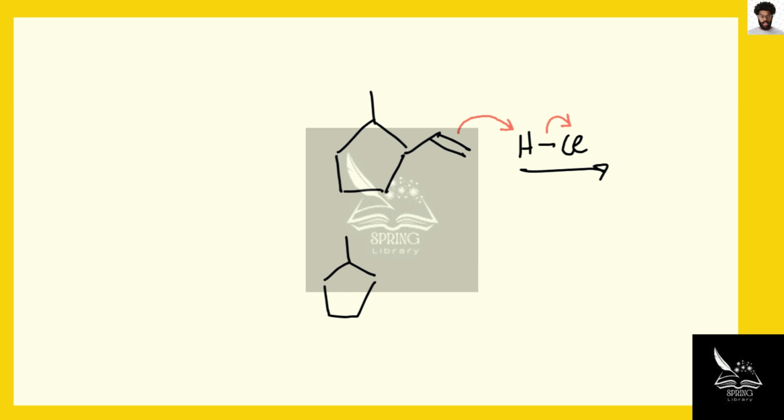We will either get hydrogen on the innermost carbon and a carbocation on the terminal carbon, or we will get a carbocation on the secondary carbon and a hydrogen on the terminal carbon.